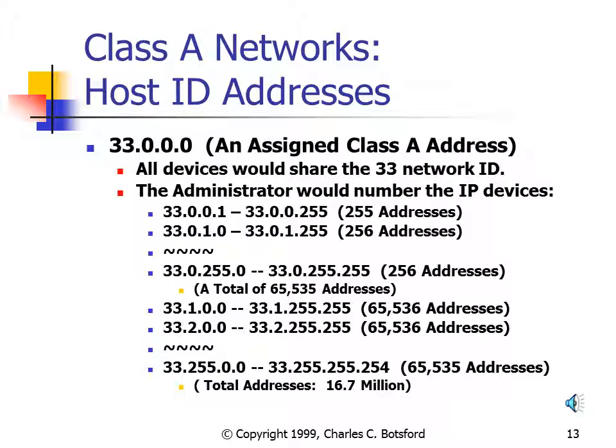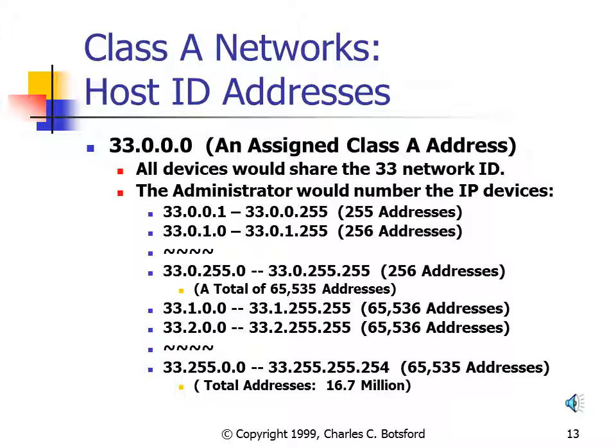Then the next possible address after that would be 33.0.1.0, and then that would increment all the way up to 33.0.1.255. Each one of those numbering sets has 255 addresses. Once we got up to 33.0.255.0, that would give us 65,000 addresses, and then we would start the incrementing over.